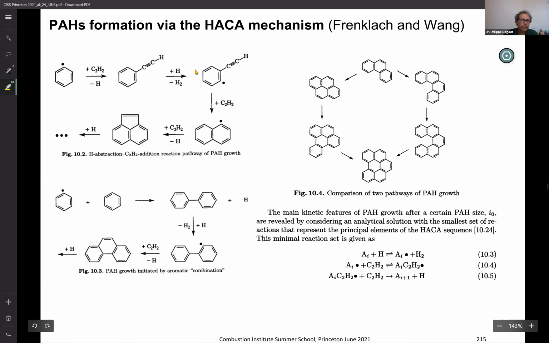You can abstract an H atom from the ring here, and then it's possible to add again acetylene, and you get this double ring structure. And you continue this way, and finally you get something which is big. So this is the idea of this mechanism.